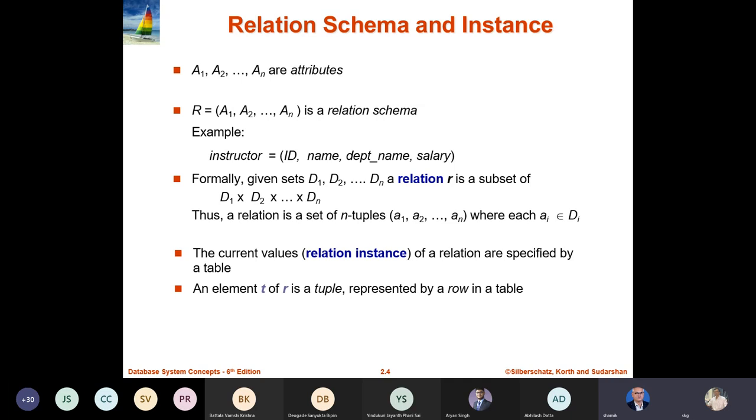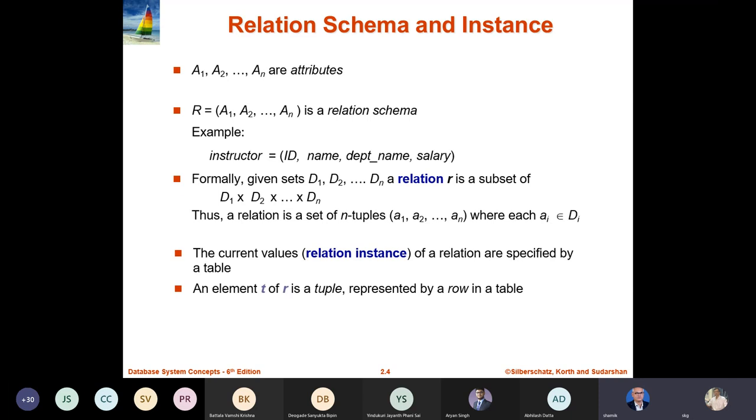schema, right? So when we define a database, it may have this sort of relational schemas, right? I say that my IIT Kharagpur academic database has a schema called, say, instructor.